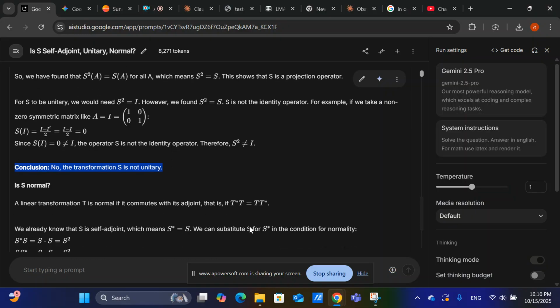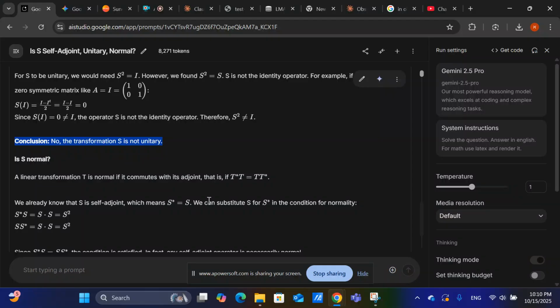What about normality? Does it hold? Is S normal? Remember the definition for normal? The transformation adjoint times the transformation should equal the transformation times the transformation adjoint. In our case, remember, the transformation is self-adjoint. So it becomes that S star S equals S times S equals S squared.